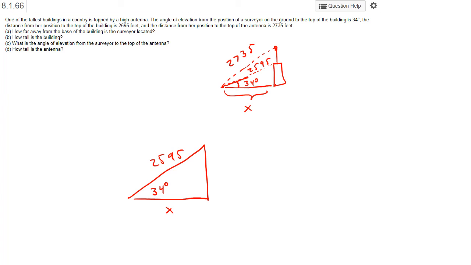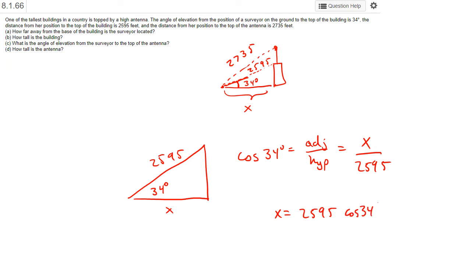Either cosine or secant. So let's use cosine. This is going to be the adjacent side over the hypotenuse. The adjacent side is x, the hypotenuse was 2595. Multiplying by 2595 gives me x is 2595 times the cosine of 34 degrees. So there is our answer to part A.